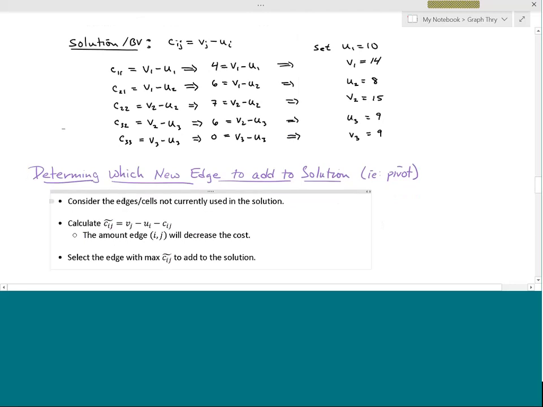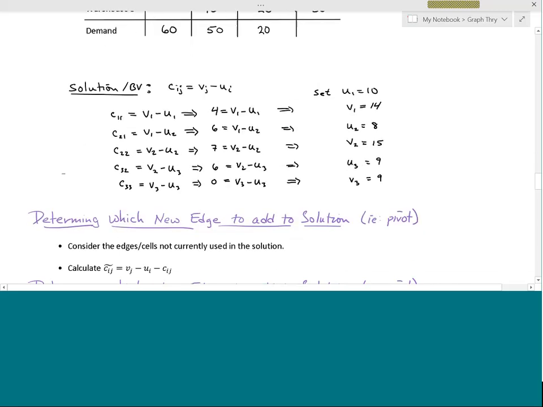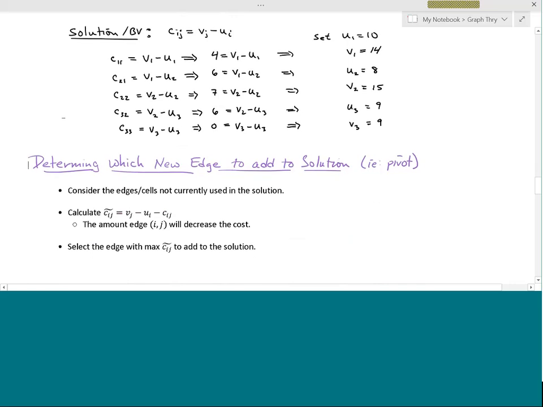So what you do is you consider all of the edges or the cells that are not currently used in the solution. That means in the tableau, you're looking at all of these blank cells, and that's why it's really important to have blank versus filled in cells. You're then going to calculate an adjusted cost, and I put a little tilde over the standard symbol for the cost. It's the same formula of V minus U, but then you subtract an additional cost.